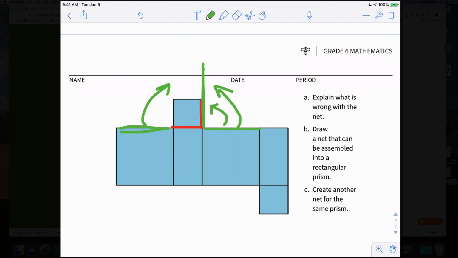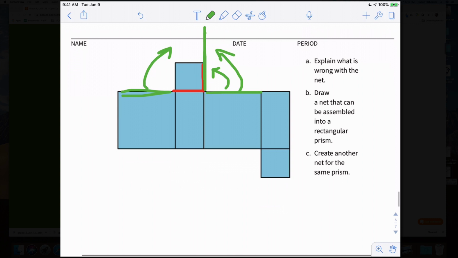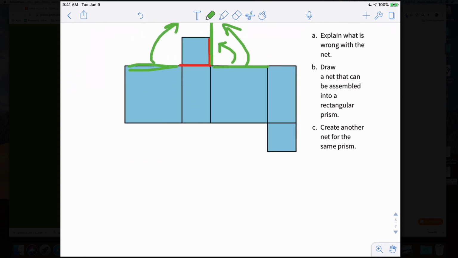Now our job is to draw a net that can be assembled into a rectangular prism. Sure, let's do that. Well, we could do this one.